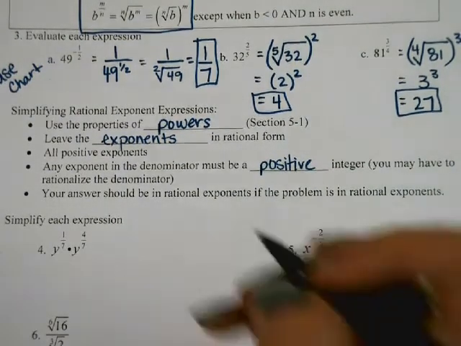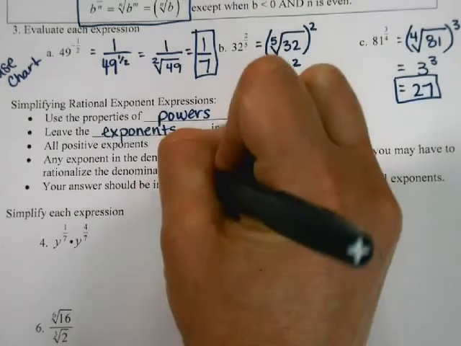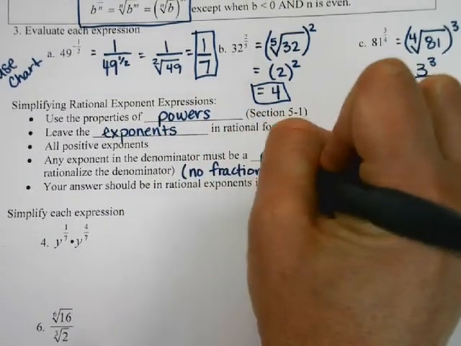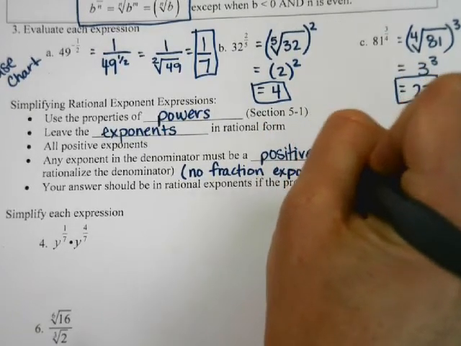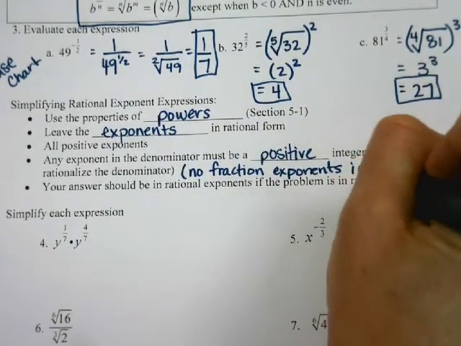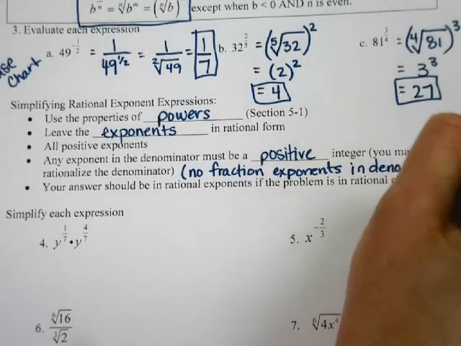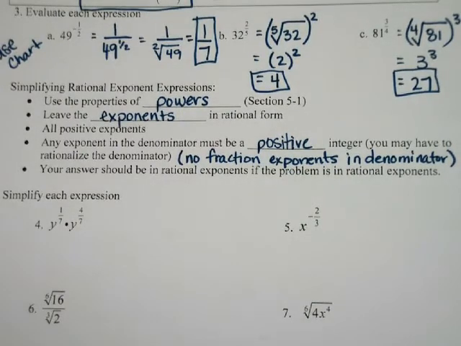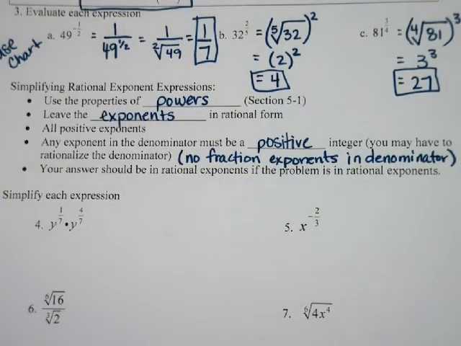You may have to rationalize the denominator. And if your problem starts out in rational exponent form, your answer should be in rational exponent form unless it's telling you to change forms. If it starts out with a radical, it should end with a radical unless it's telling you to change forms.